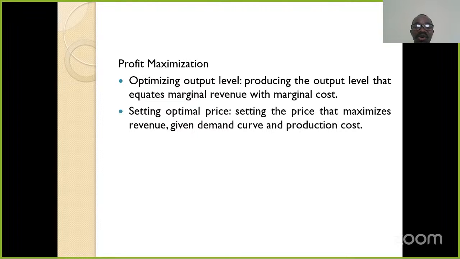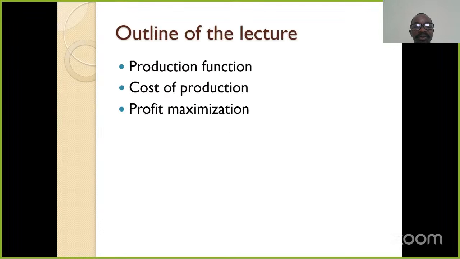We shall understand what marginal revenue and marginal cost mean as we go along with this lecture. Another way to maximize the profit is to set optimal price. That's setting the price that will maximize the incomes or the revenues.